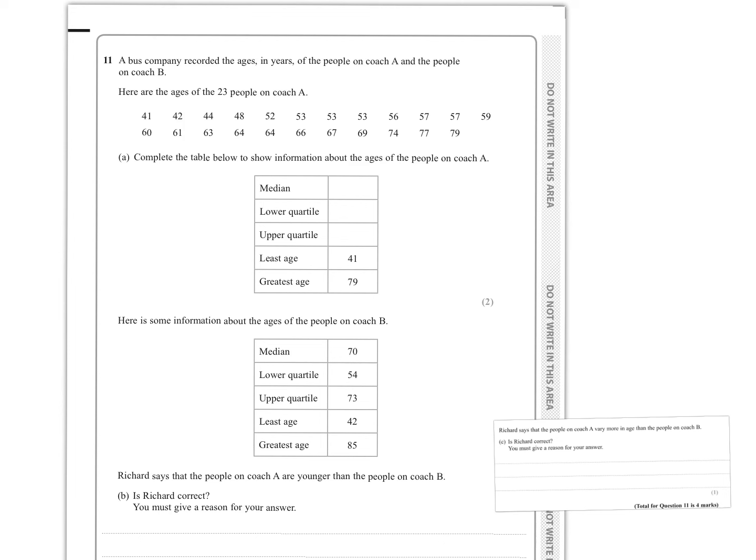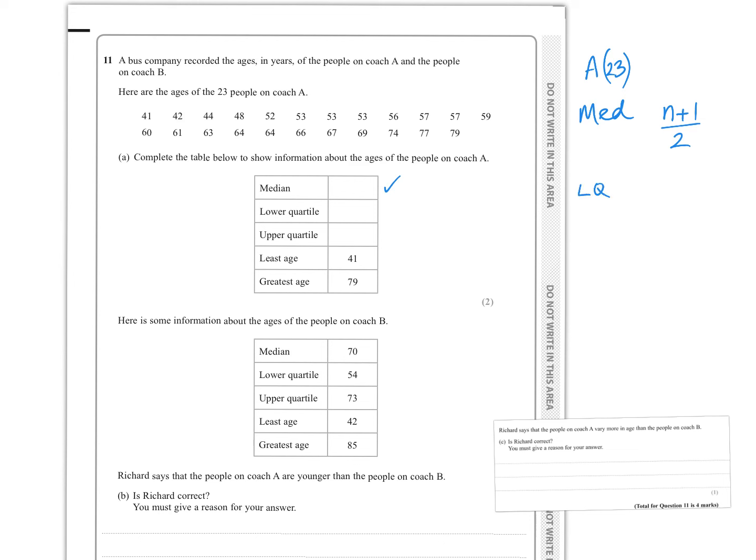Question 11. A bus company recorded the ages in years of the people on coach A and the people on coach B. It says here are the ages of the 23 people on coach A. So we've got to find the median first. So I use my little formula here, which is n plus 1 over 2 for the median.